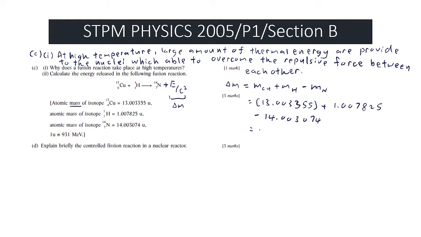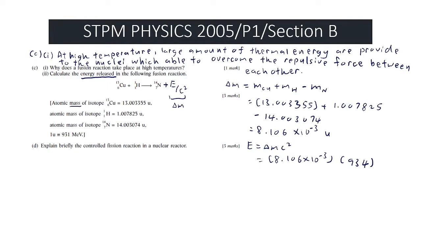So I get 8.106 times 10 to the negative 3, and this is in terms of U. We want the energy released, so E is given by delta m c squared, and we substitute this M, and we multiply with 934.